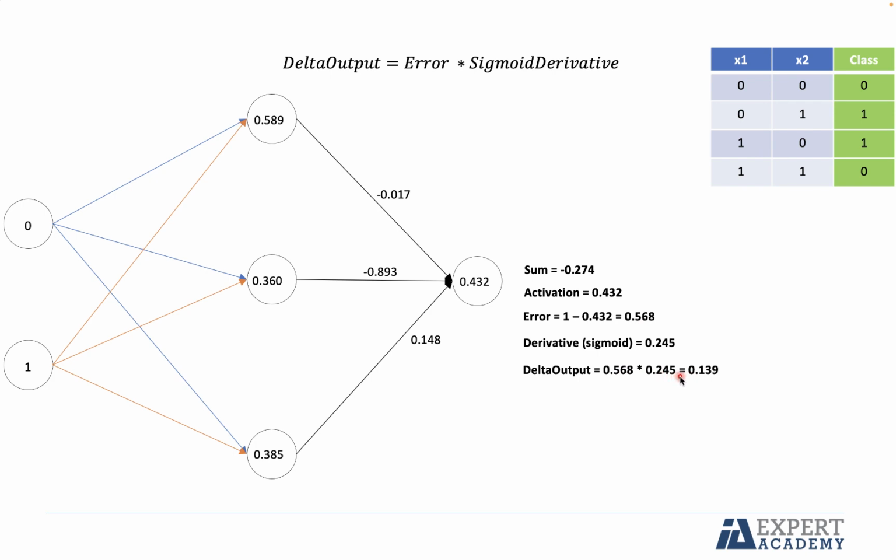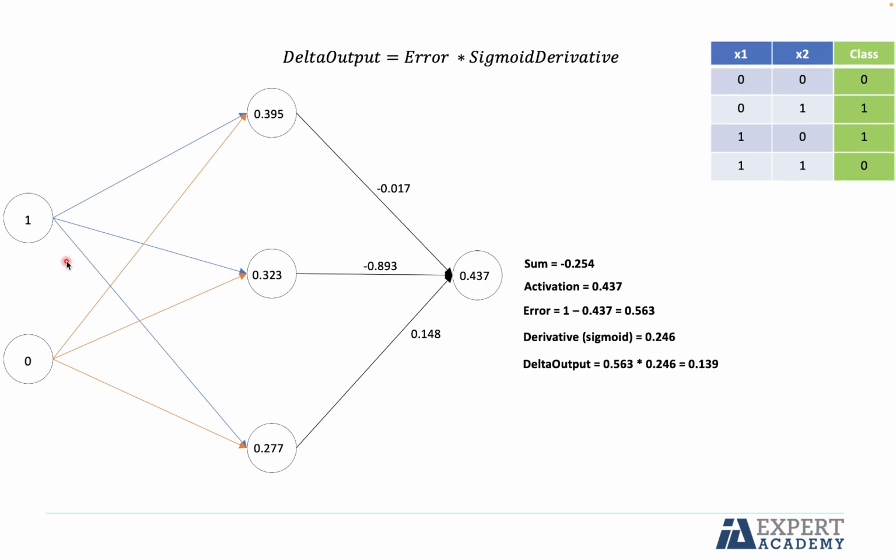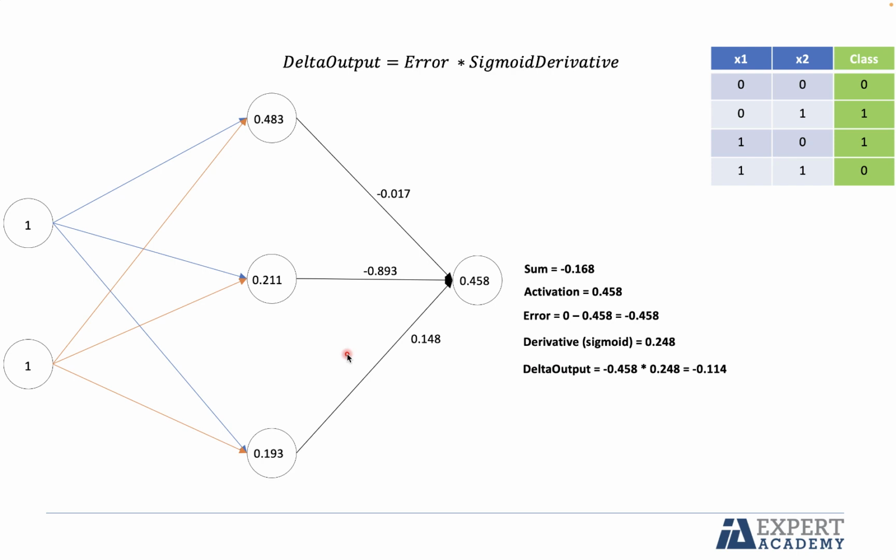The delta for the second row is 0.139. Now we need to move on to the third row, 1 and 0, and you can see all the calculations here. Then we move on to the fourth instance, 1 and 1, and you can see the corresponding results.